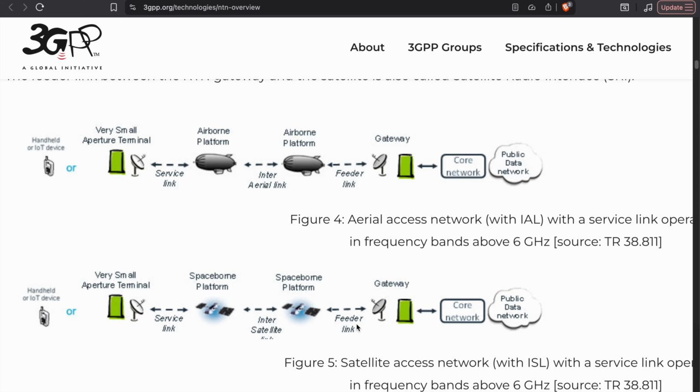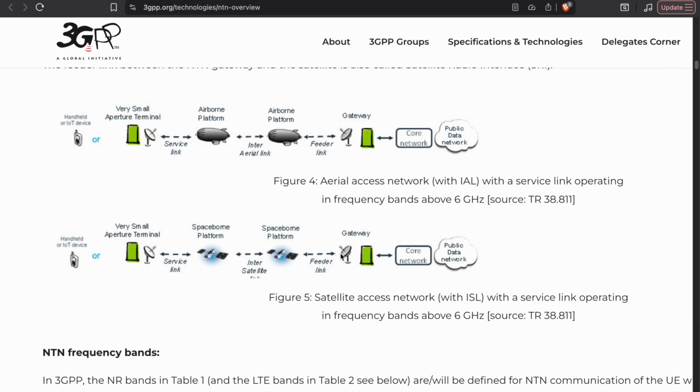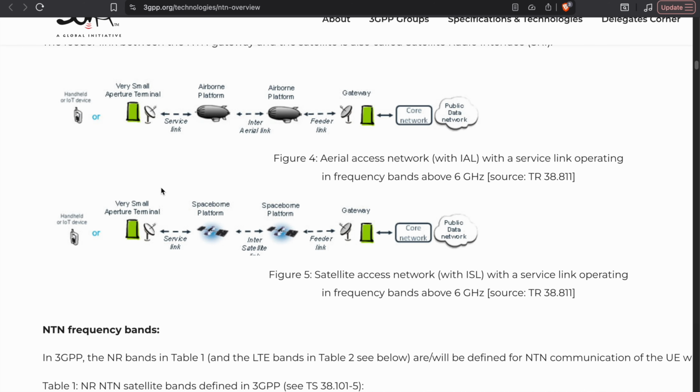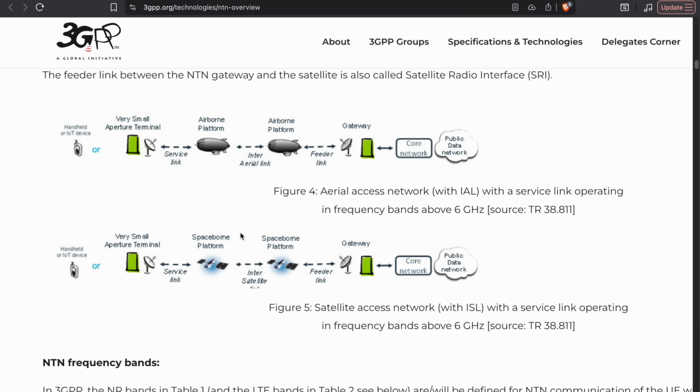This feeder link is basically used to forward the NR-Uu interface messages and to handle all the uplink and downlink parts that are received from the UE to the core network or the gNodeB itself. So this is a pretty simple diagram of this non-terrestrial setup.